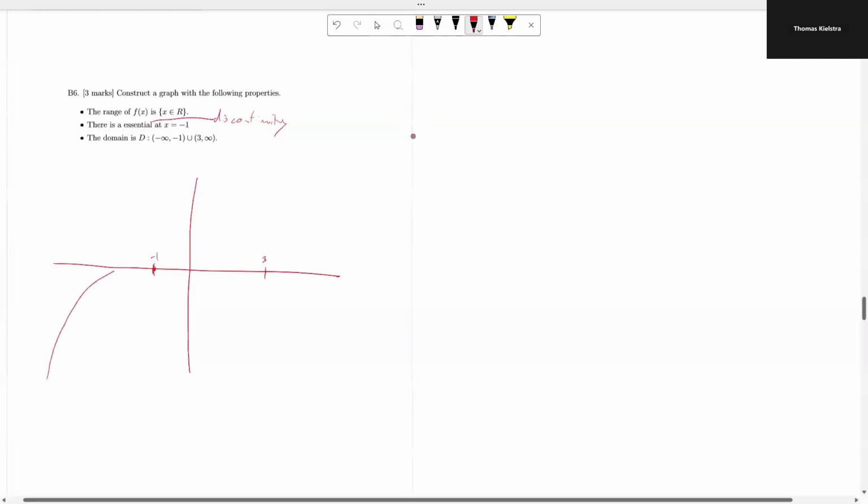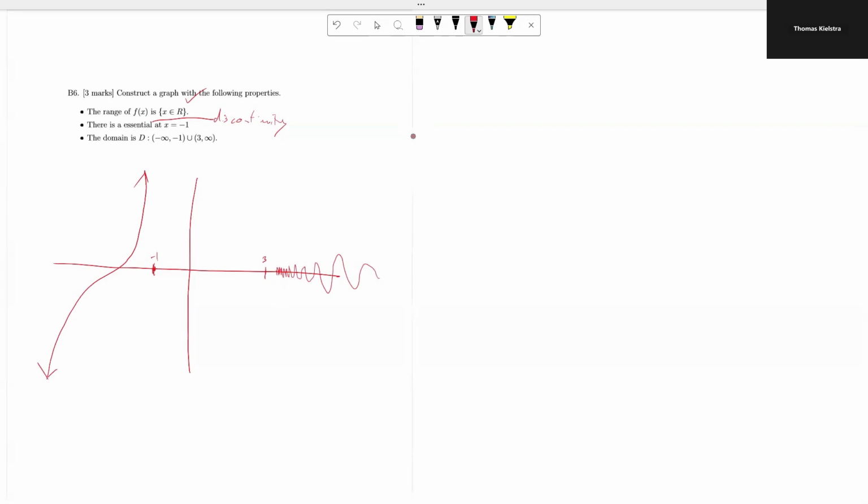So what I'm going to do is I'm going to have an infinite discontinuity at minus 1 and go down to negative infinity over here so that I get that entire range. And now here, we're not including 3. So I'm going to do like an oscillatory discontinuity because it's kind of fun.